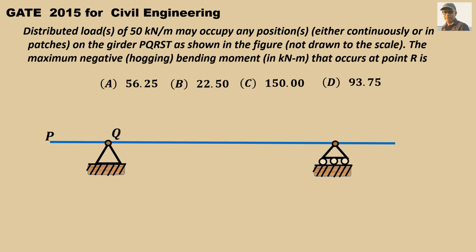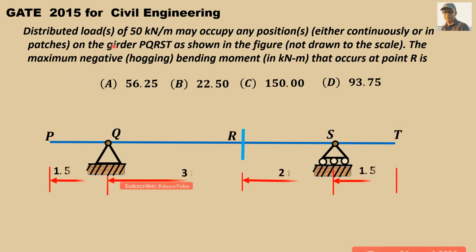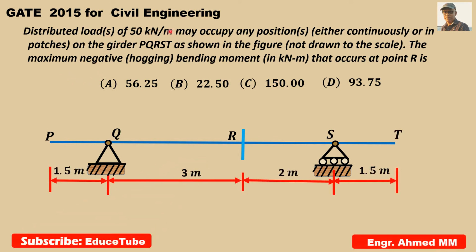Hi everybody. Today I am going to show you how to solve this problem. It says distributed load of 50 kilonewton per meter may occupy any positions either continuously or in patches on the girder PQRST.